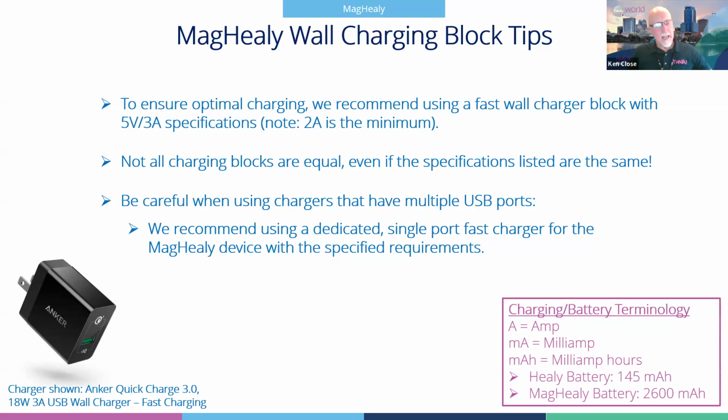In the case of the Healy, it's got a very small battery, so the amount of power to charge it in a short period of time is less. So an amp determines essentially the power available to run anything.